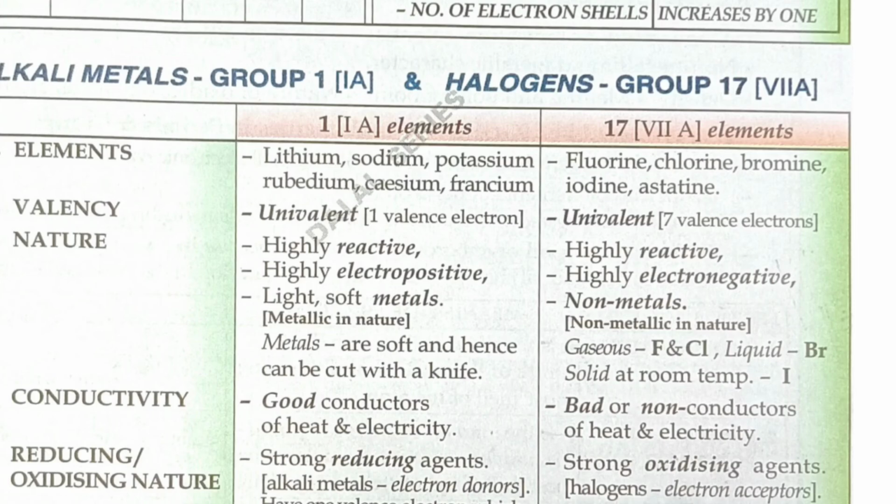Lina is for lithium and sodium, Ki for potassium, that is K, ruby se friendship for rubidium, cesium and francium. So that's how you can learn group 1 alkali metals: lithium, sodium, potassium, rubidium, cesium, francium. For group number 17, you can directly learn fluorine, chlorine, bromine, iodine, astatine.